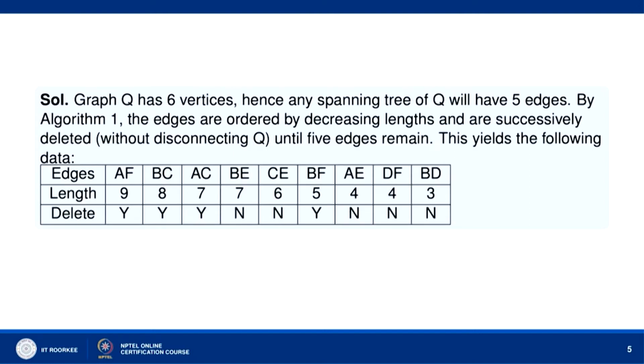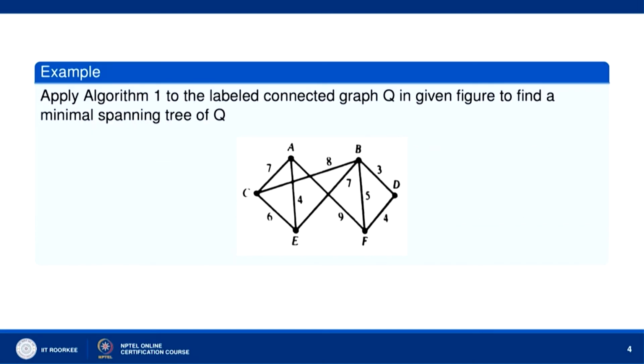See here, we see that graph Q has 6 vertices, A, B, C, D, E, F. Therefore, the minimal spanning tree of this graph will have 5 edges.